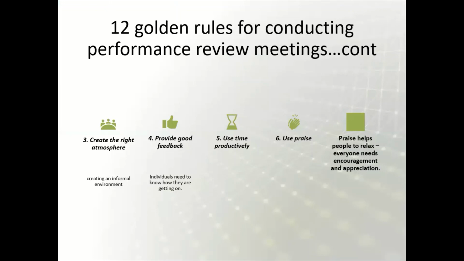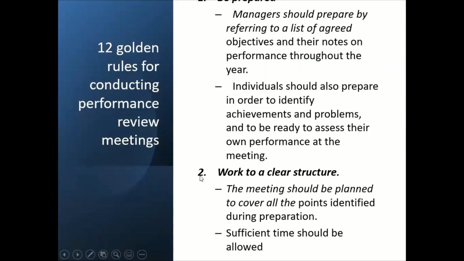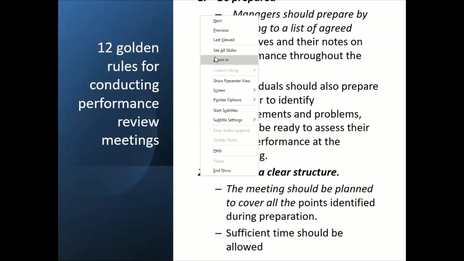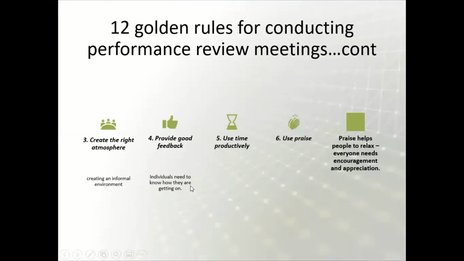And then golden rules for conducting performance review meetings. So here we discussed some rules. And then the third one, create the right atmosphere. That means to conduct performance reviews, we have to create the right environment.